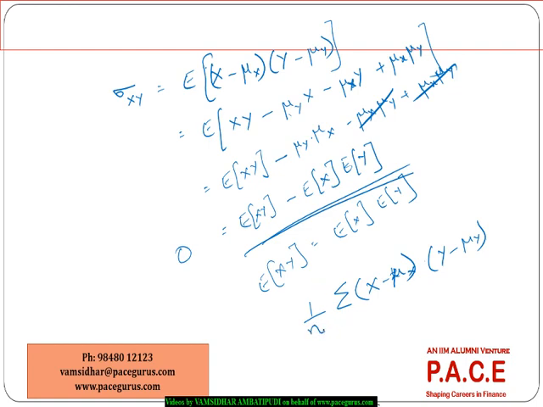Whereas when I'm looking at a sample, it will still be the division by n minus 1 itself. So that's one more point that we really need to remember.